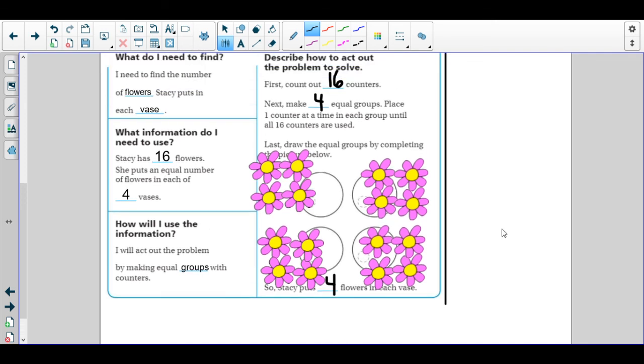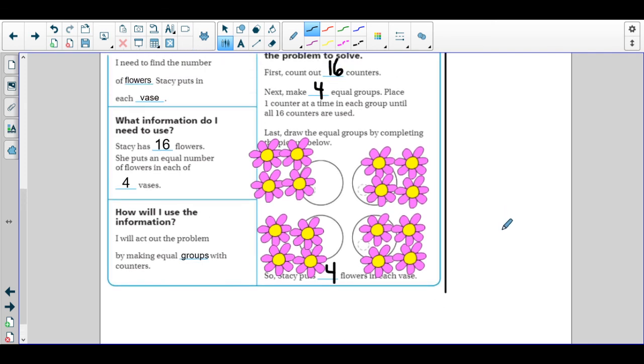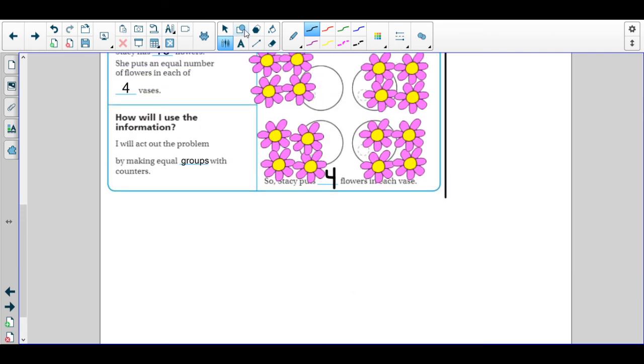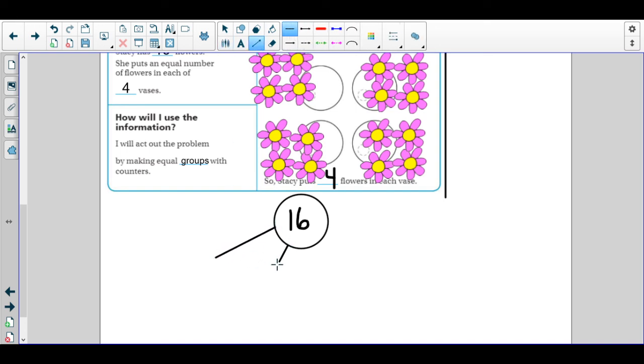All right. This is very similar to the method that you perhaps have seen me use, where we have, let's say we've got 16 of something, and I want to divide those into a group of 4. So you may have something like that.